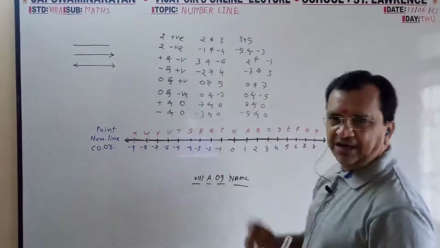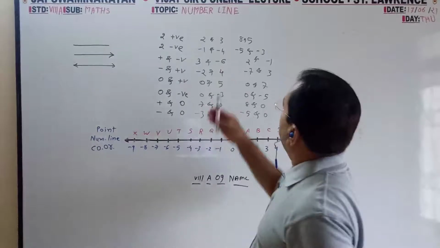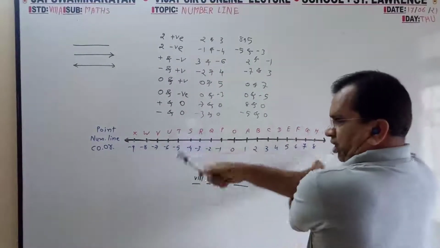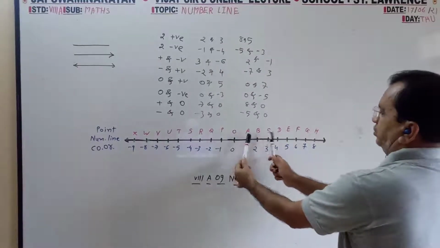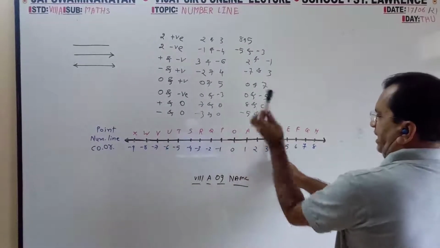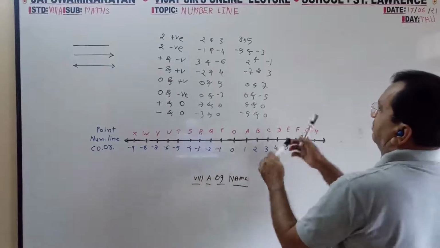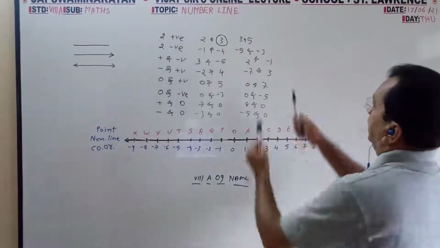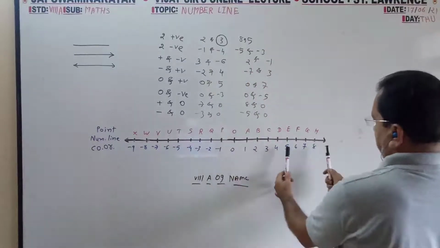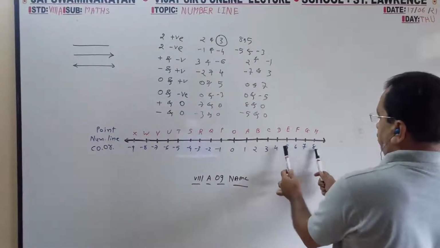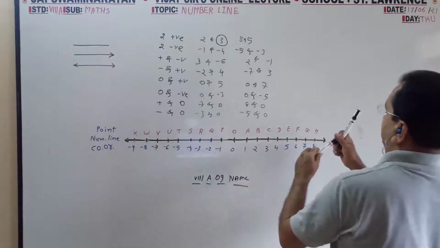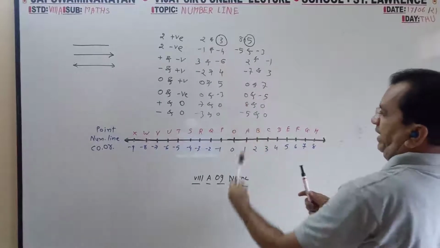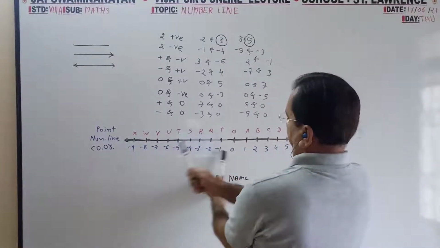Okay, now I have to compare. 2 and 3. You do not have to cross like this. On the left side is always smaller, right side always bigger. So this is bigger. Now 8 and 5, so 5 and 8. Right side is always bigger. Now minus 1, minus 4.